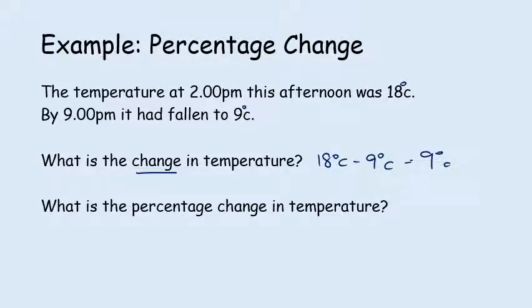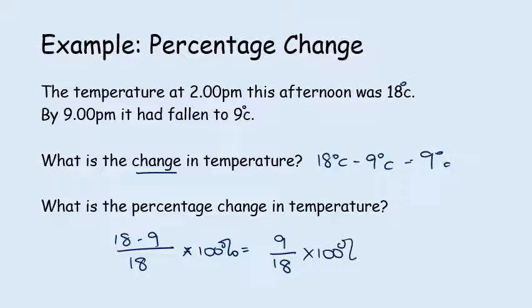So we have our change, or our difference, all over our original value of 18. So multiply that by 100%, gives us 9 over 18 by 100%, which is 0.5 by 100%, which is 50%. So it was a 50% drop in temperature.